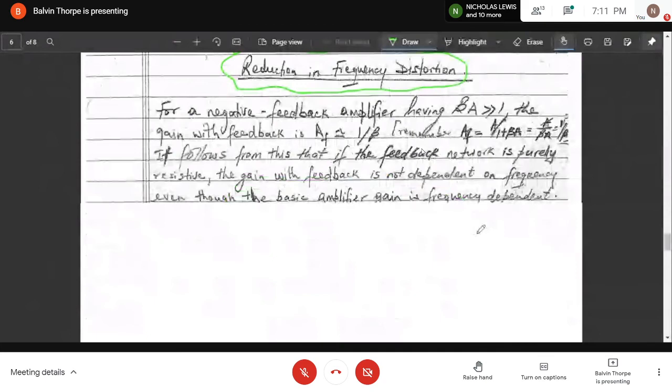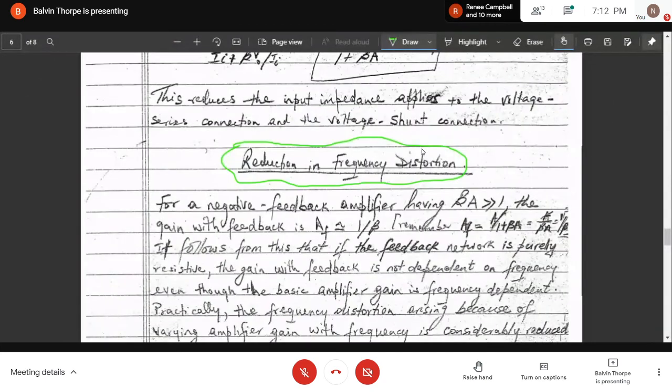Remember, we've been looking at feedback networks in our applications so far, for example the inverting amplifier, non-inverting amplifier, summing amplifier, difference amplifier. All of those that we have looked at so far, we have had pure resistors in the feedback network.